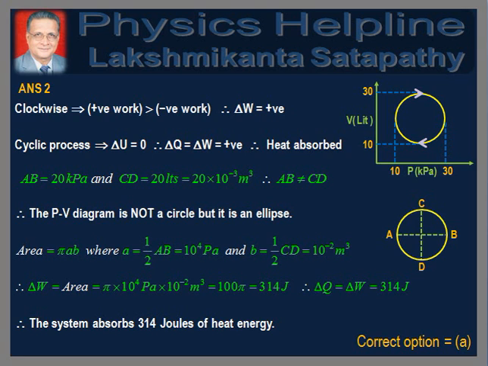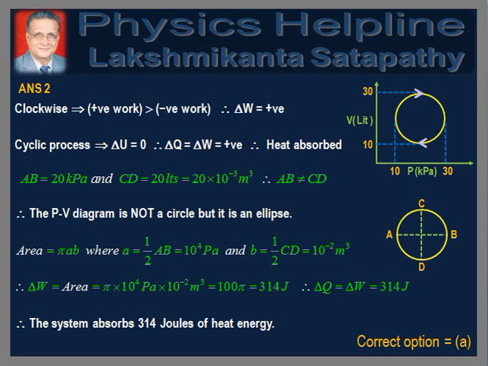Since the two diameters are not equal, the PV diagram is to be considered as an ellipse whose semi-major axis A is equal to 10 kilopascals, which is equal to 10 to the power 4 pascals, and the semi-minor axis B is equal to 10 to the power minus 2 meter cube. Now, area of the ellipse is equal to pi into A into B.